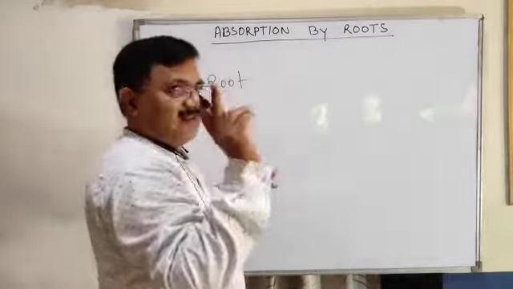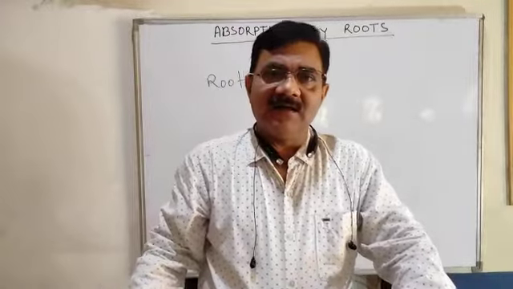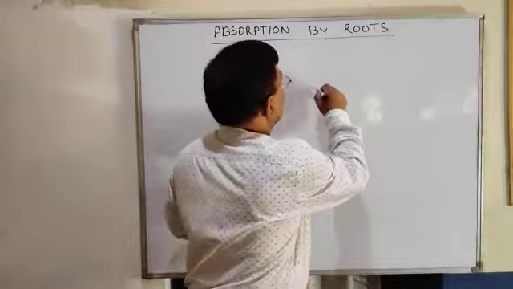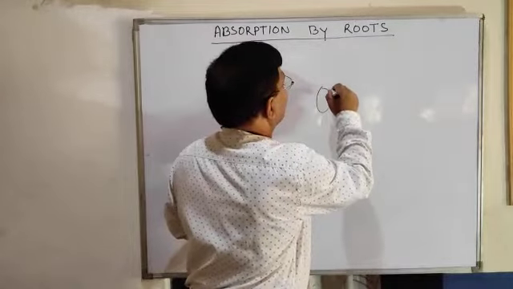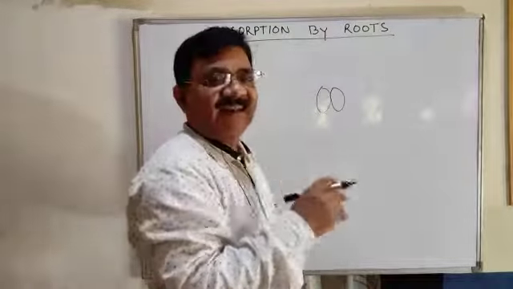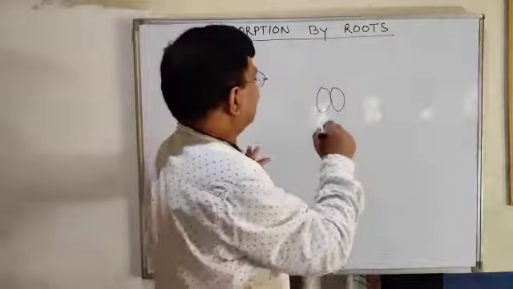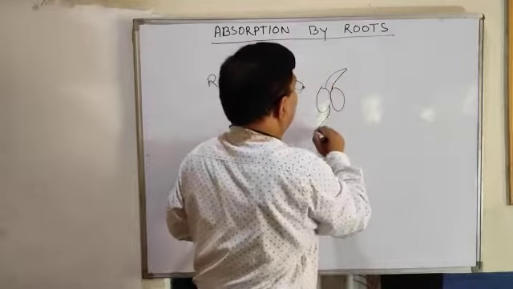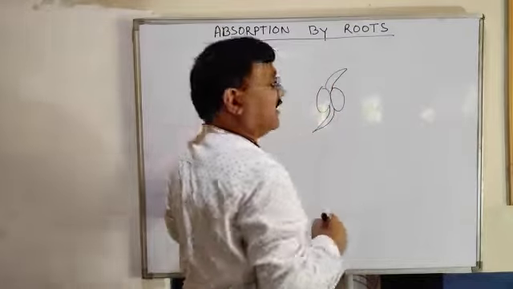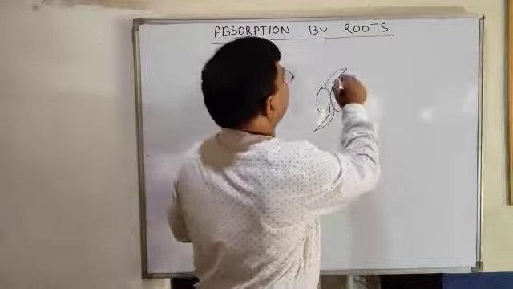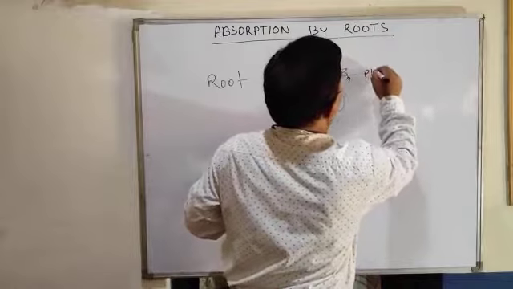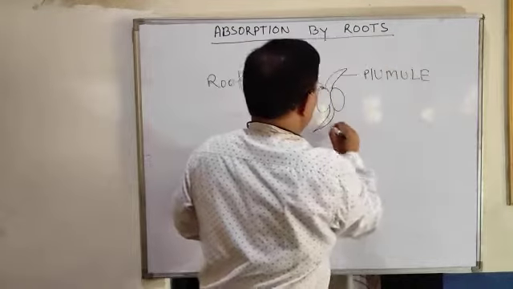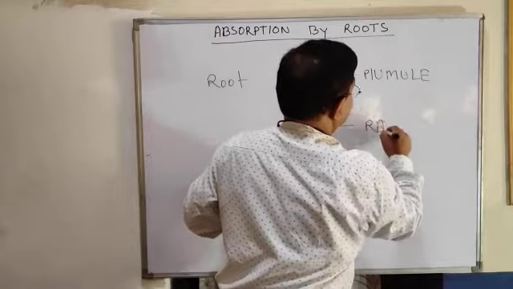If we see the diagram of a dicotyledonous seed, when it germinates, something comes out from the upper part and something comes out from the lower part. The upper part is the plumule and the lower part is the radicle.